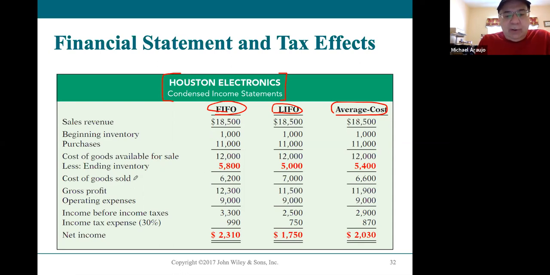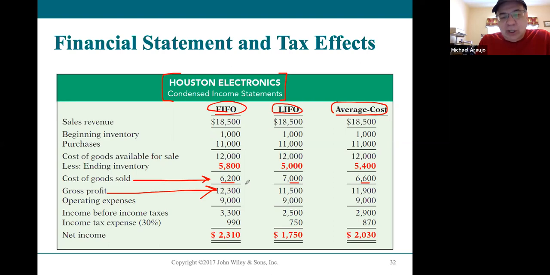First of all, the cost of goods sold will be calculated a little bit differently for each one. Because under FIFO, LIFO, and average cost, we're using the different numbers in a different order, which means that our gross profit is going to be different for every one of the choices that we have.